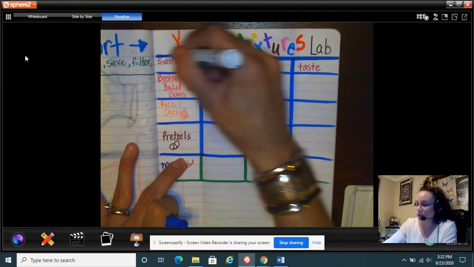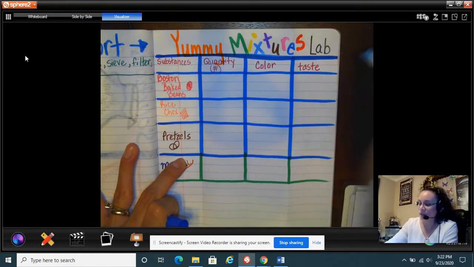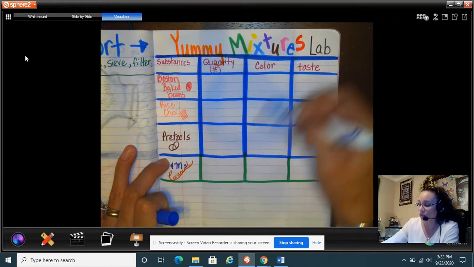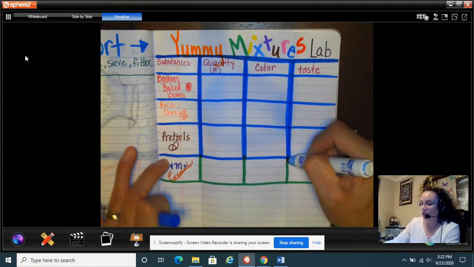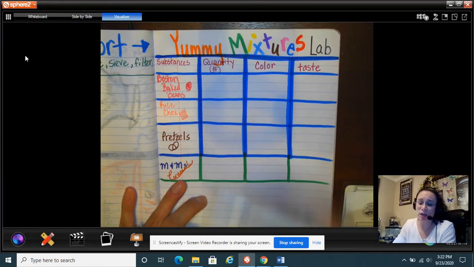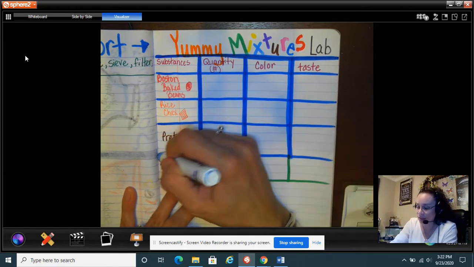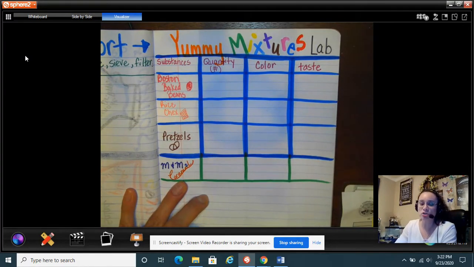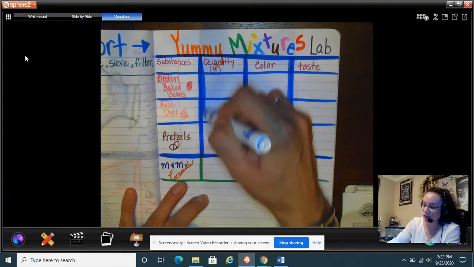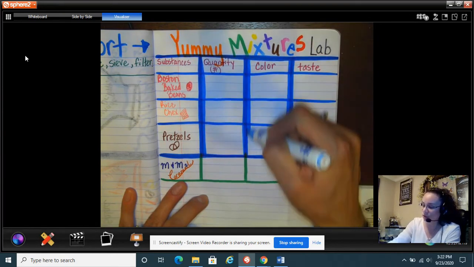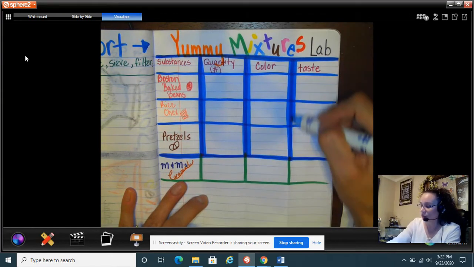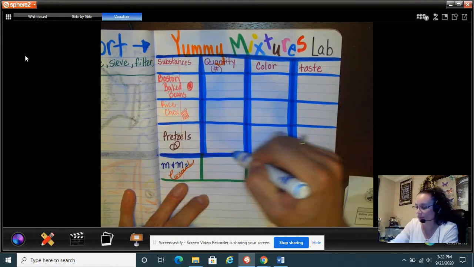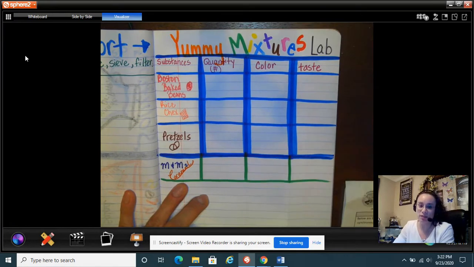I traced the fold, but notice that I went just halfway down the page, about 12 lines. And this is what I got right here. So if I trace on the folded lines, trace on the folded lines, trace on the folded lines, go down halfway, about 12 lines, and you have your data table.